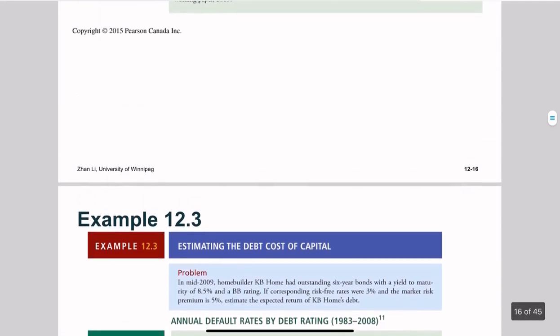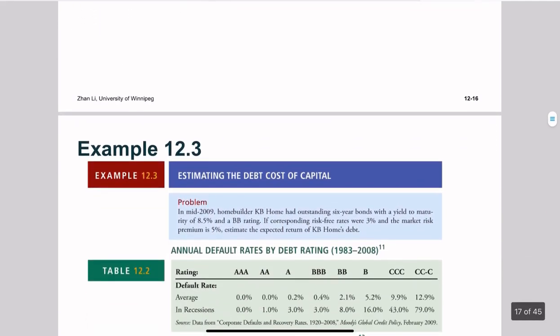So here we have both the risk-free rate, market risk premium, and maturity. This implies we could actually calculate the expected return using the two methods we have just learned.